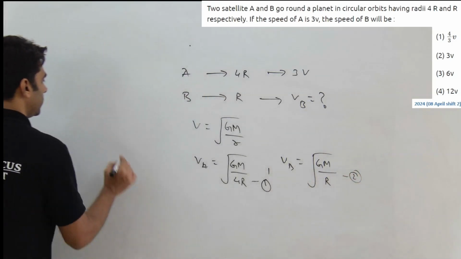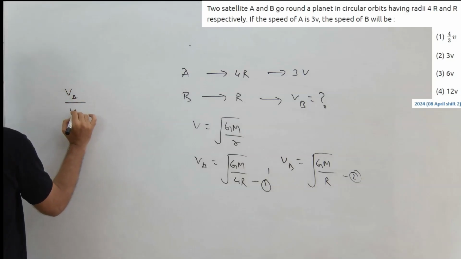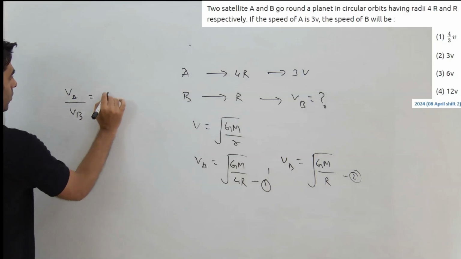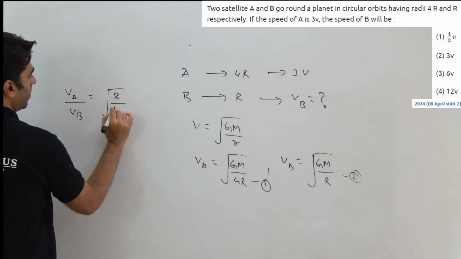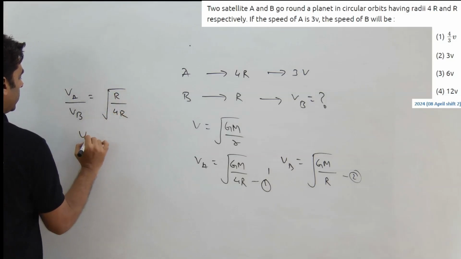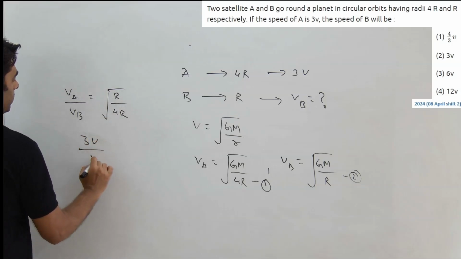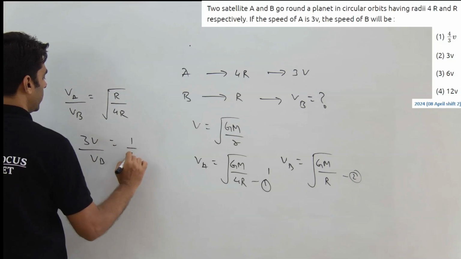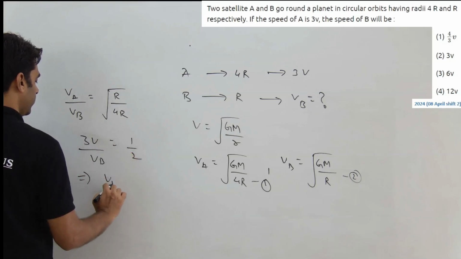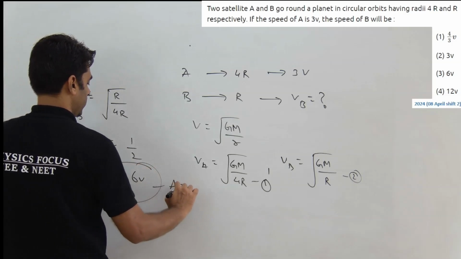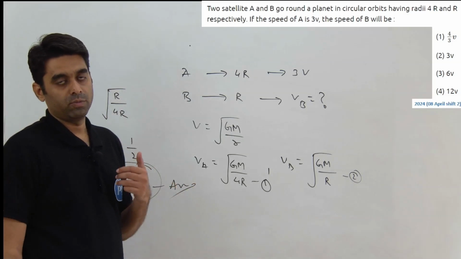If we take the ratio, VA by VB is equal to root over R by 4R. VA value is given to us as 3V. 3V by VB is equal to 1 by 2. That implies VB value comes out to be 6V. Right? Let's move ahead.